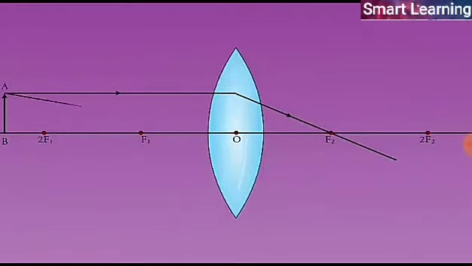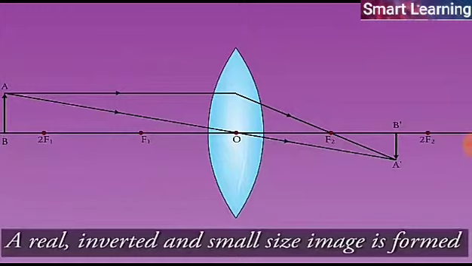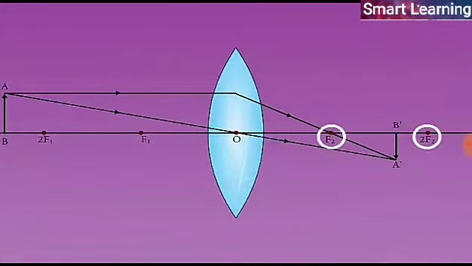Another ray starting from the top and incident on the lens goes undeviated through the optical center of the lens. The two refracted rays meet actually at A dash to form the full image of the object. A real and inverted small image is formed. The position of the image formed is between f2 and 2f2 on the other side of the lens.